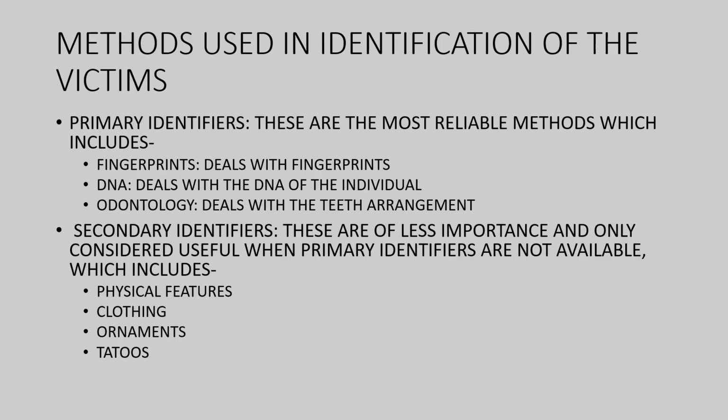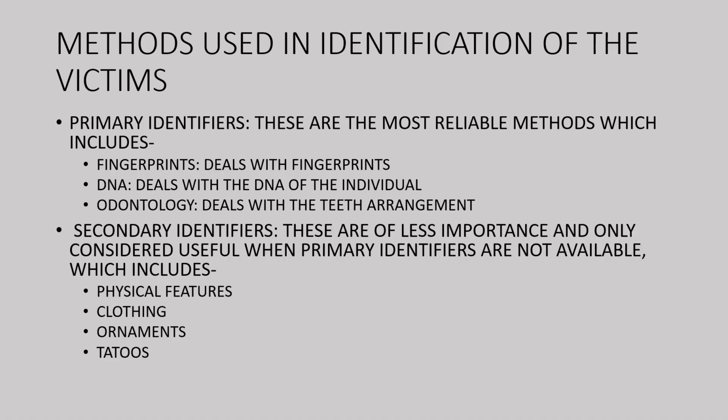Now comes the methods used for identification of the victim. There are basically two methods, the primary identifiers and the secondary identifiers. The primary identifiers are the most reliable methods used for identification of an individual. And this includes fingerprints, DNA, odontology. The fingerprints are basically the prints of the fingers of a person.